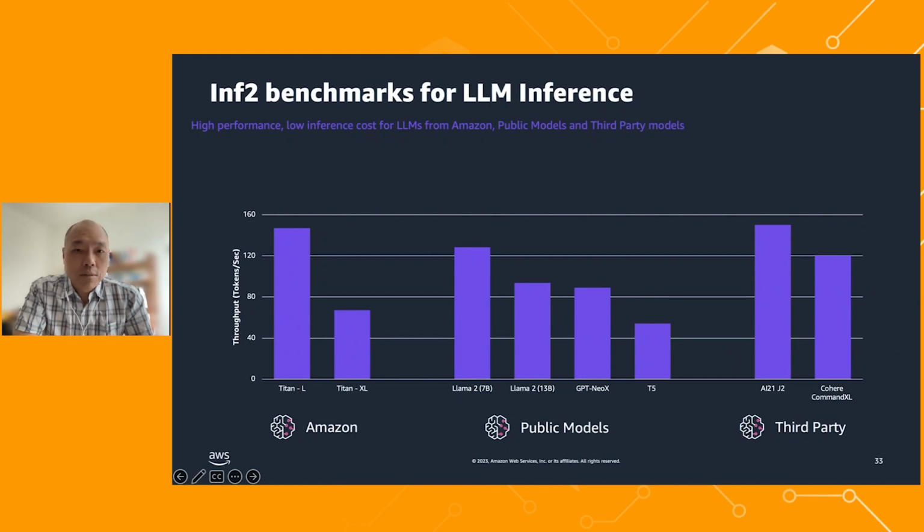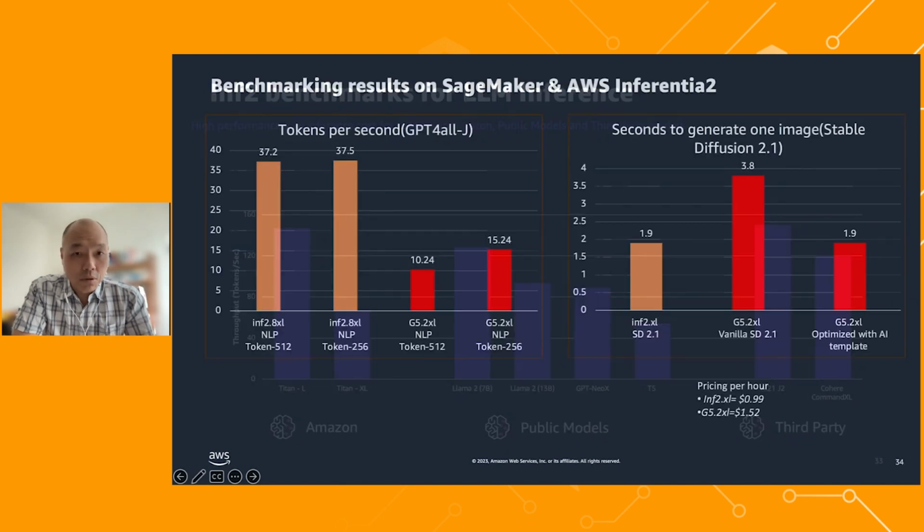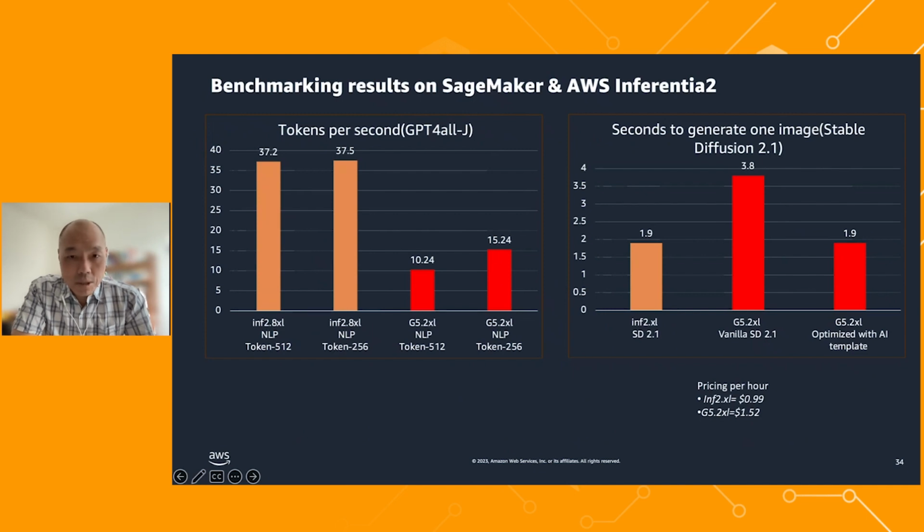Next slide is about the benchmark result that we see through SageMaker and AWS Inferentia 2. Here, we put together a side-by-side comparison of the tokens per second, or rather throughput, of a GPT-J model. As you can see, in comparison with the competitive GPU instances, our throughput is actually much higher.